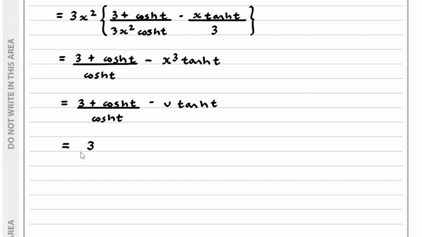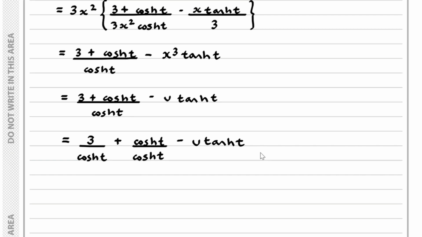And therefore we've got 3 over cos t plus cos t over cos t minus u times by tan t.